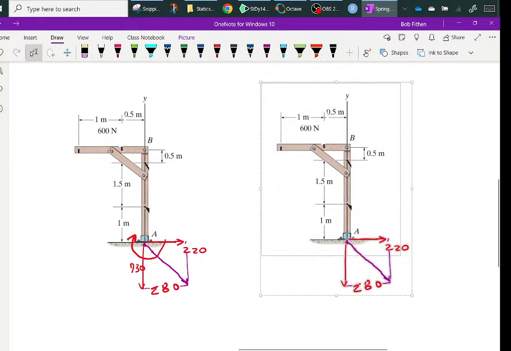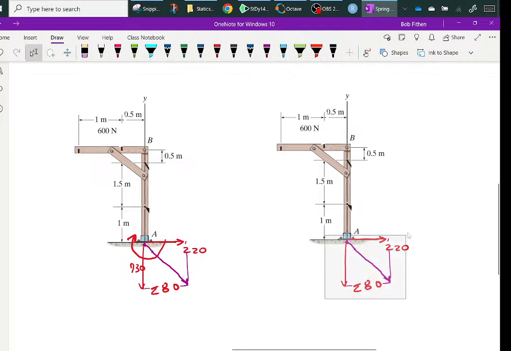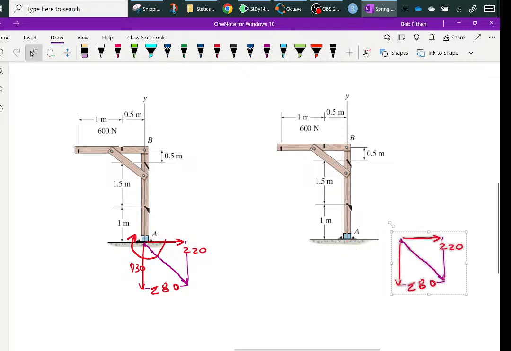How do I make that happen? So what I'll do is I'll start moving this force. The key is I can move it up here, or I can just start shoving it to the right. How far do I have to go?